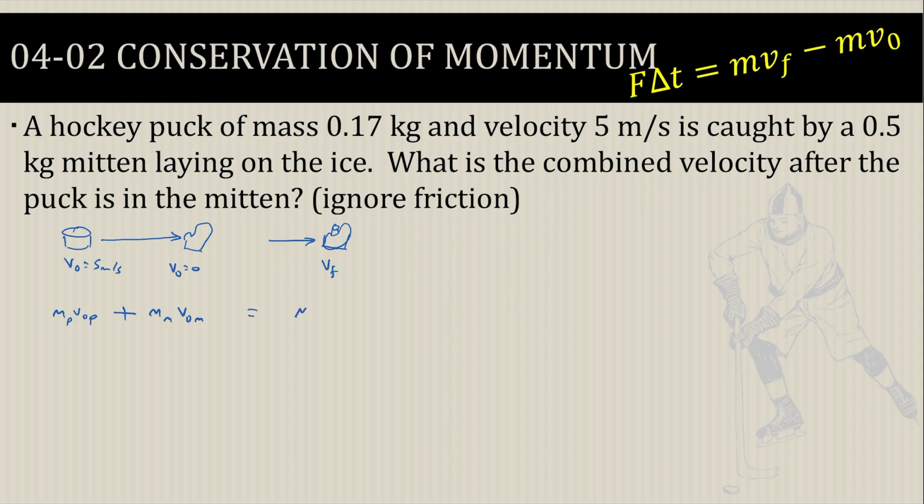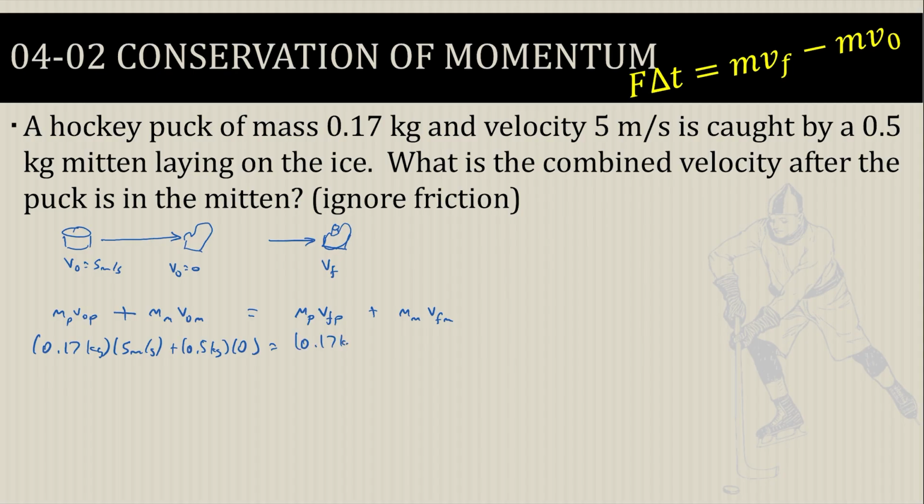That should equal the final momentum of the puck plus the final momentum of the mitten. So our mass of the puck, 0.17, and its initial velocity is 5. The mass of the mitten is 0.5, and its initial velocity is 0.